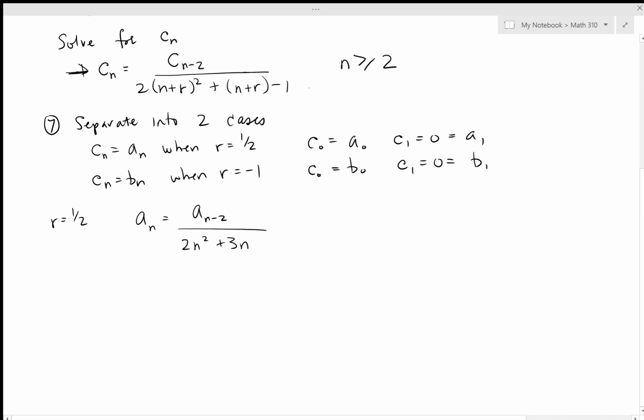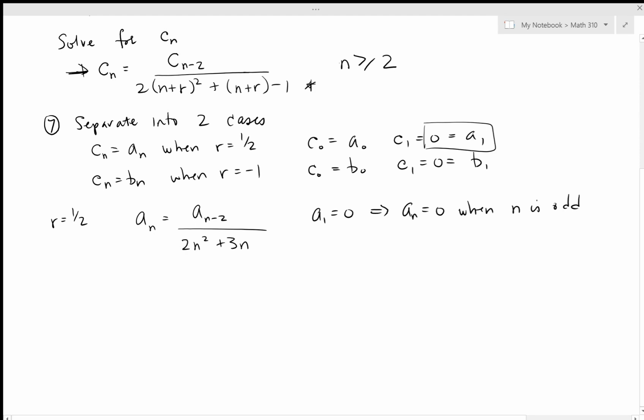Okay, that is this denominator here, evaluated when r is 1/2. Okay, I have this situation here. A1 is 0. So that implies that An is equal to 0 when n is odd.